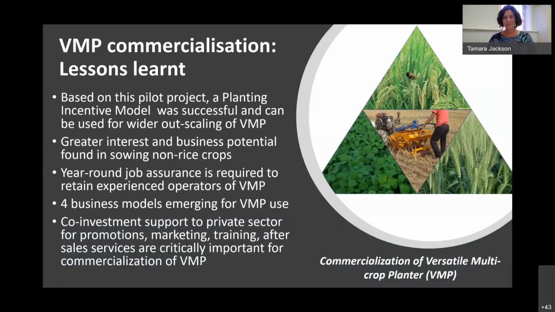I'd like to share with you key lessons learned from the commercialisation of the versatile multi-crop planter. The planter is shown in the slide on the right-hand side. It's a device attached to a two-wheel tractor that's able to sow seeds of varying sizes, from as small as sesame and jute all the way up to large seeds such as peanut.